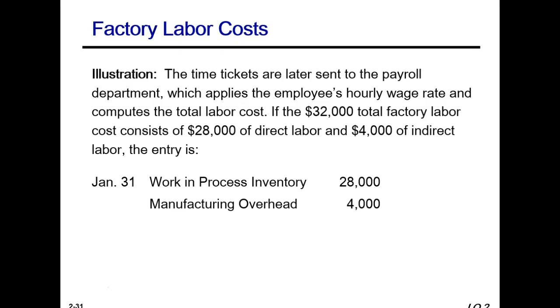You see how this manufacturing overhead can get big, fast? And then factory labor, that inventory asset is going to be reduced because we're now assigning it to a specific job.